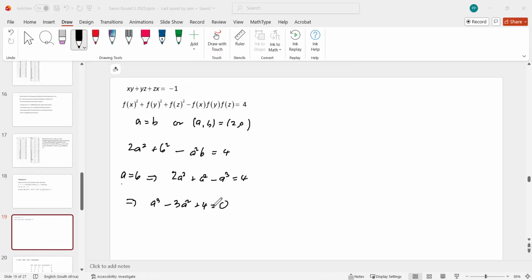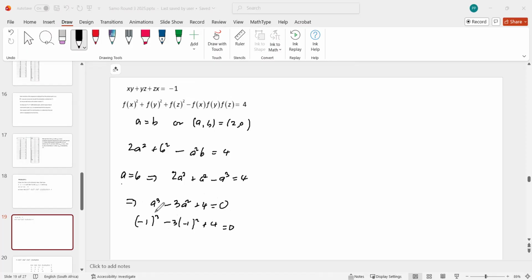And one of the ways of solving a cubic equation is using the remainder theorem. And I trust that you know what the remainder theorem is. You substitute various values and see whether the answer is 0. When you work out -1 all cubed minus 3 times -1 squared, you substitute -1, then you have -1 plus 4 is 3, minus 3 is 0.